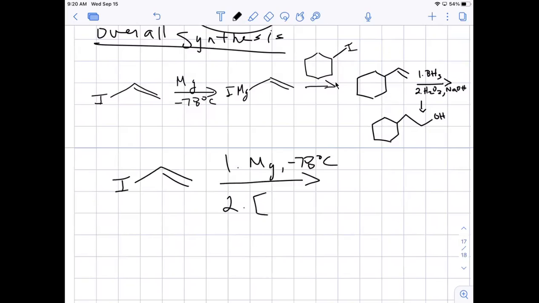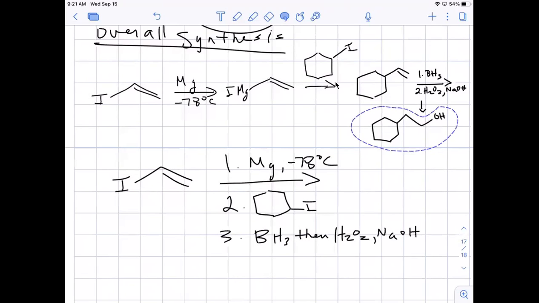The second step would be to add in the cyclohexyl iodide, and then the third step would be to do the hydroboration. So that's how you would write it out, and I'll go ahead and copy that.